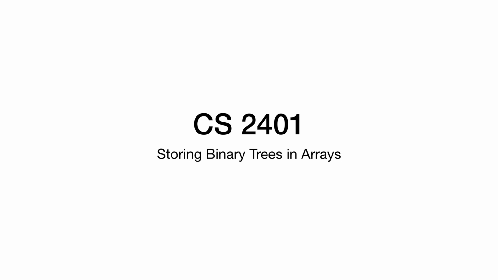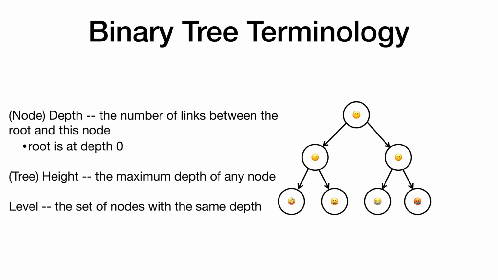So just a quick refresher on some of the terminology we used in binary trees. So here's an example of a binary tree using emoji. The depth is the number of links between the root and a specific node. So the depth of the sad face here is 1.